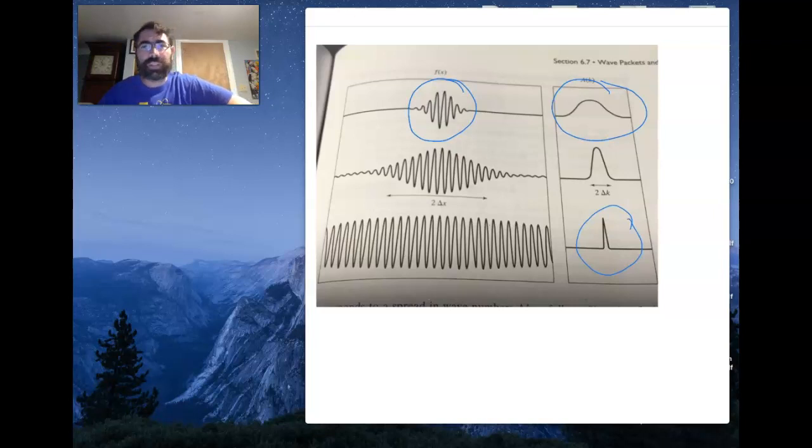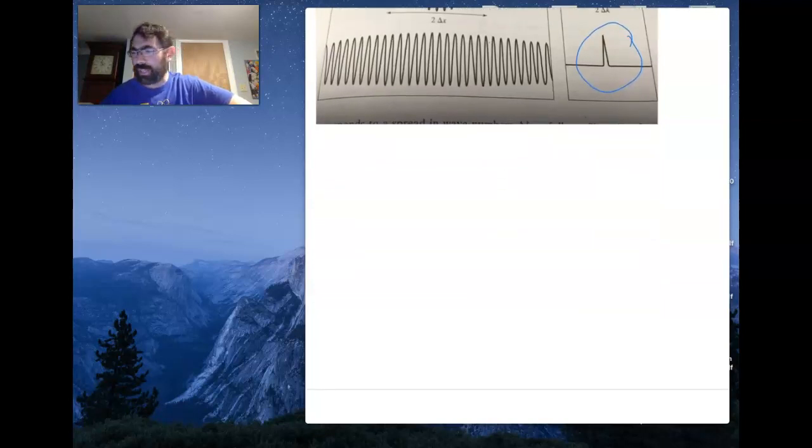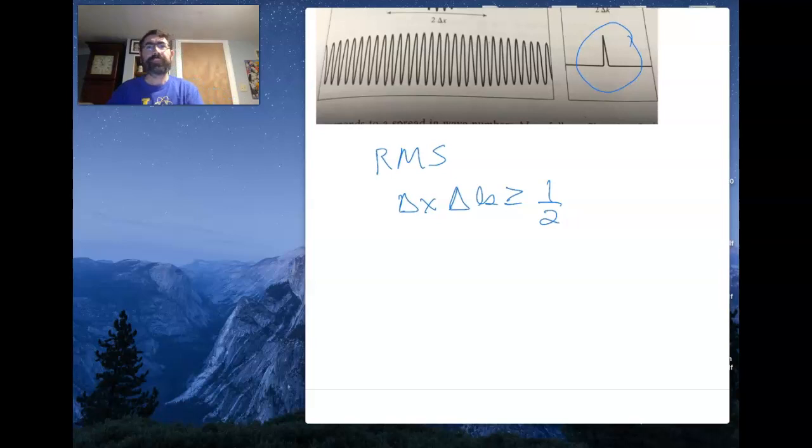Now, a more rigorous analysis of the Fourier is to look at the root mean square values. If you look at the RMS instead of just this width, then the width is actually greater than or equal to 1/2. Again, I'm not going to get into where that comes from, except to say that it comes out of Fourier analysis.